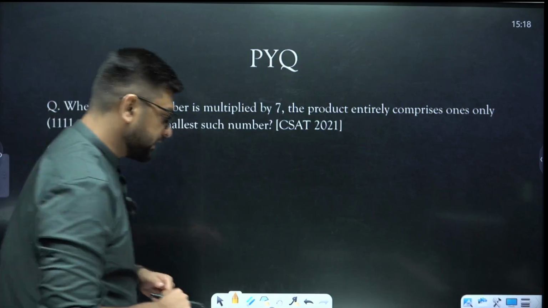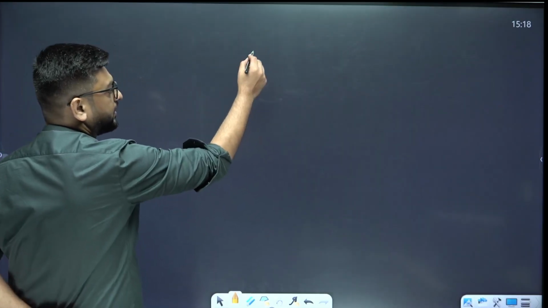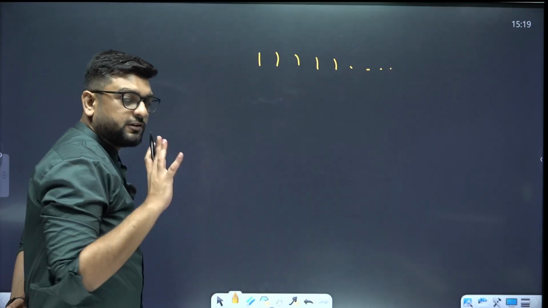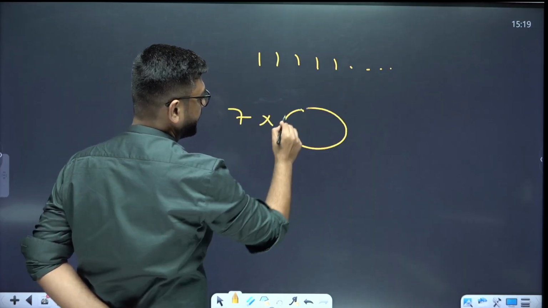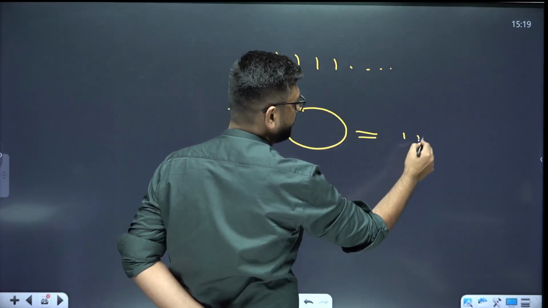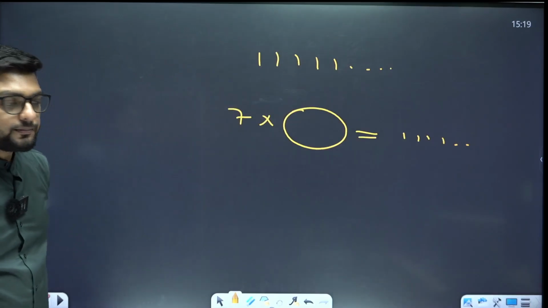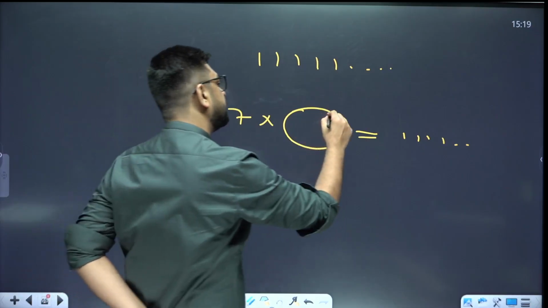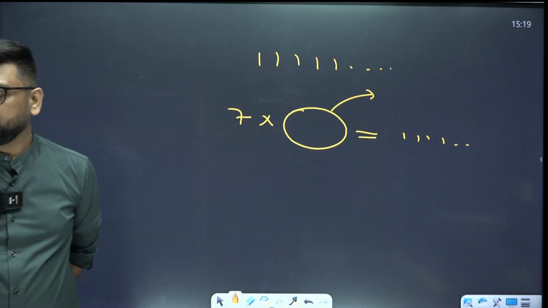What it is trying to say in the question is that if a number comprises of 1, 1, 1, 1, 1, 1 and so on, right? What will be the smallest such number when I multiply it by 7 to any other number? I'll get the smallest 1, 1, 1, 1, 1 and so on. Okay? Did you get the question? So what should be multiplied here? That is what the question is. Okay?